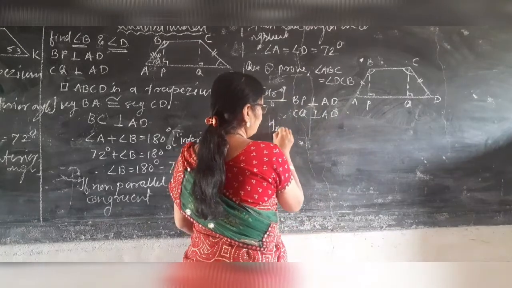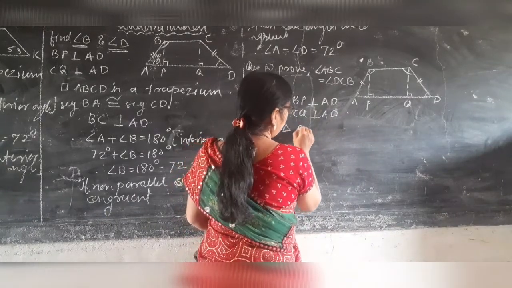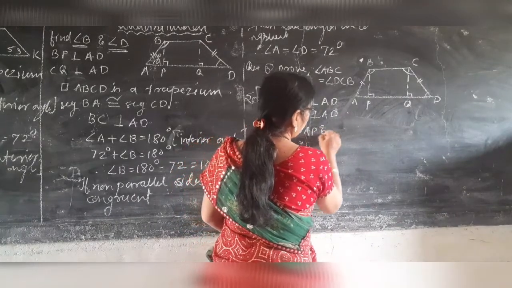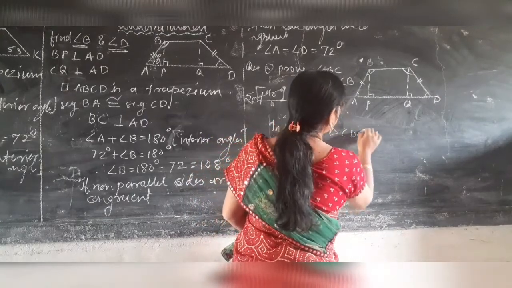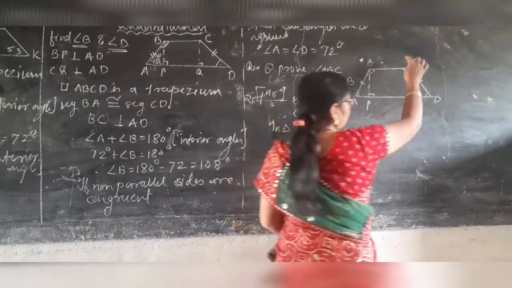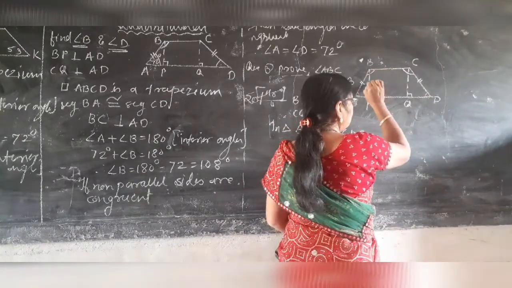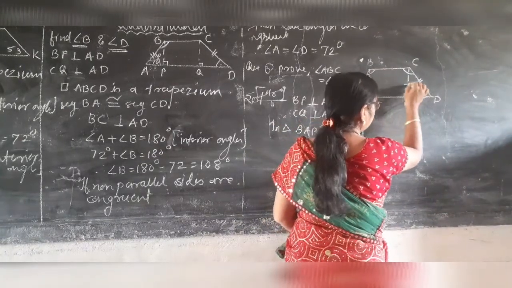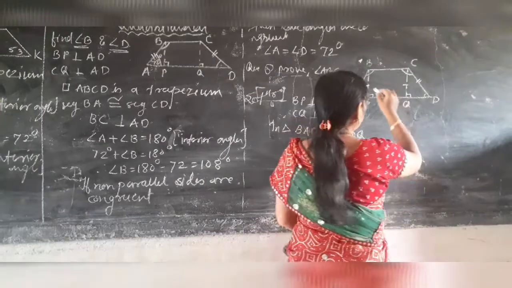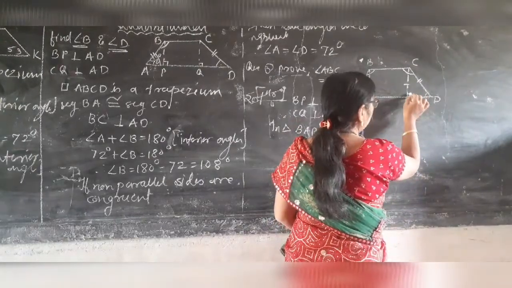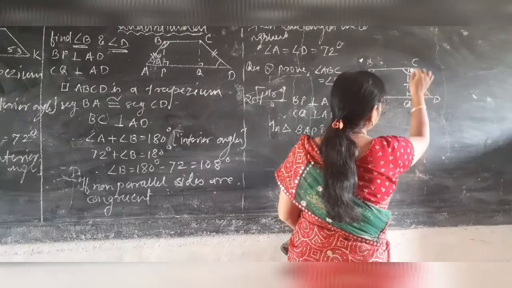Now here you have to take two triangles. In triangle BAP and triangle CDQ, see here, it is a perpendicular distance, therefore these distances are also congruent. Now again what is given? This angle is 90 degrees, and what is given?